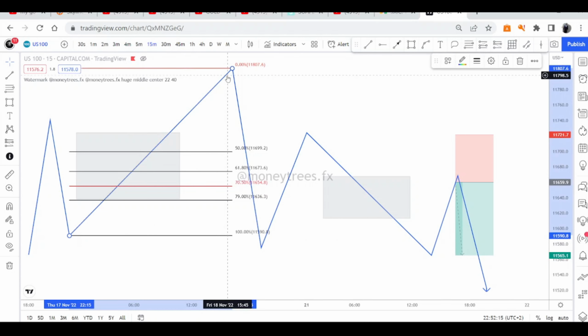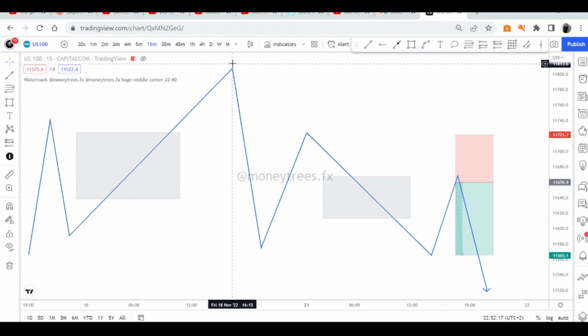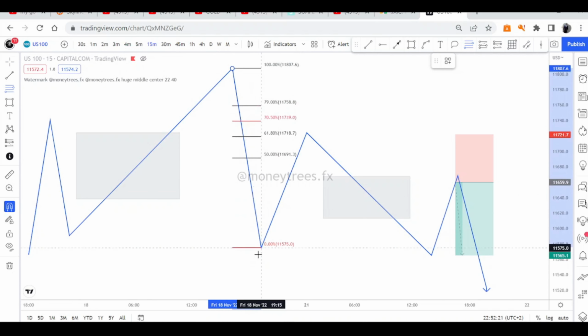So now we have a new range. Our new range is from here to here. We had a retracement above the 50, so this is valid. Now we had a push down to break structure right there.